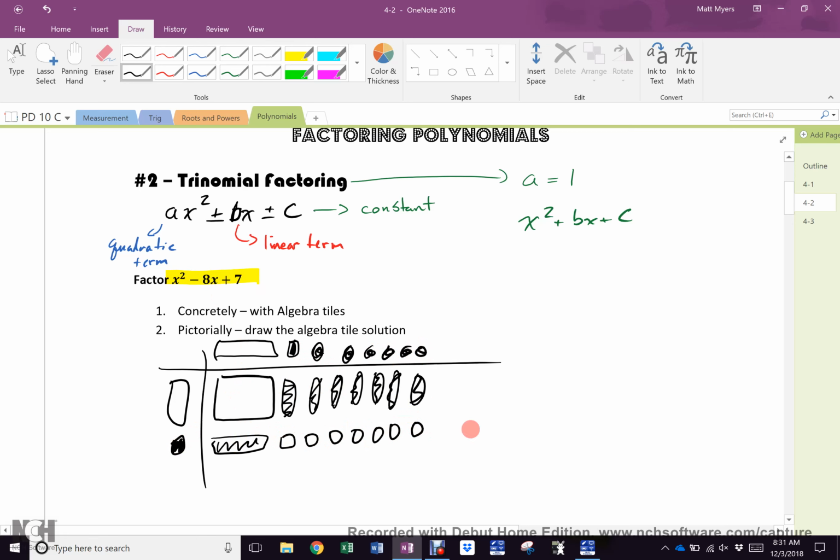So what are the factors now? X minus 7 and x minus 1. Everybody cool? Even if you don't really get the algebra tiles, everybody see the thought process behind it? Because you know as well as I do what I feel about these things.